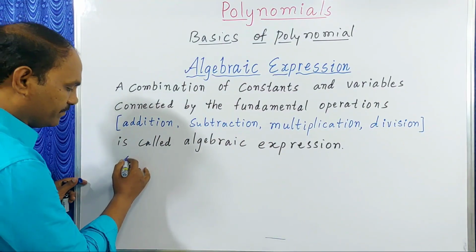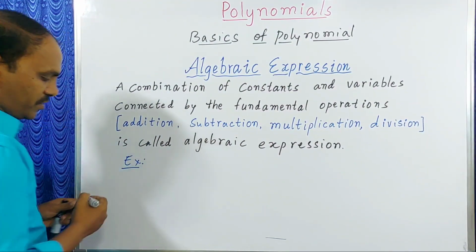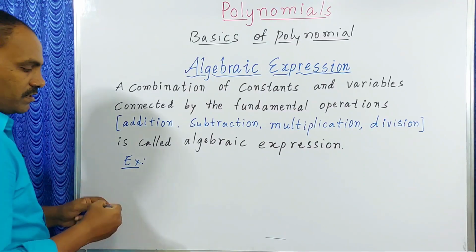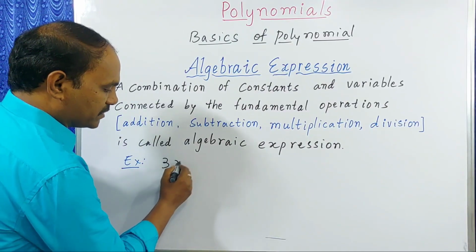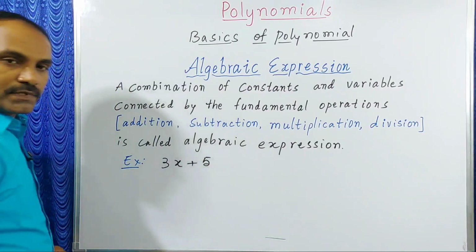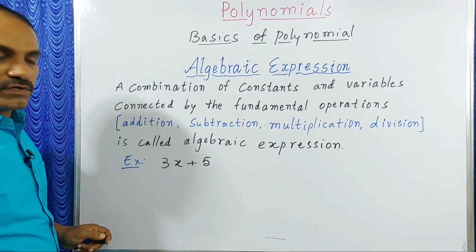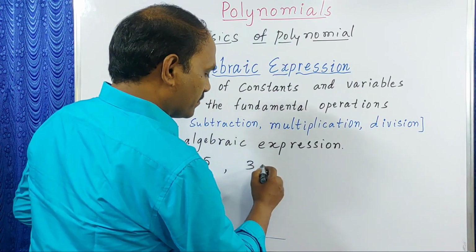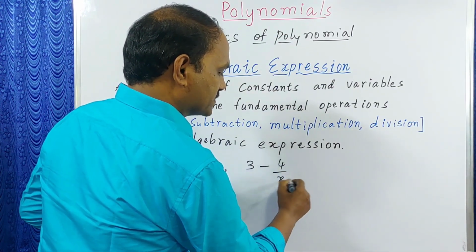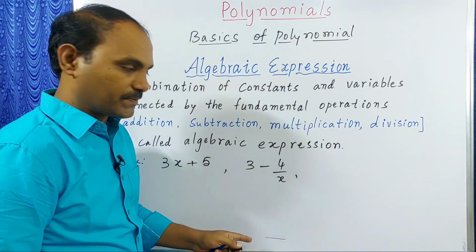For example, 3x plus 5. Here one variable is used, and two constant values are also used. Or 3 minus 4 by x. This one is also an algebraic expression. Why?